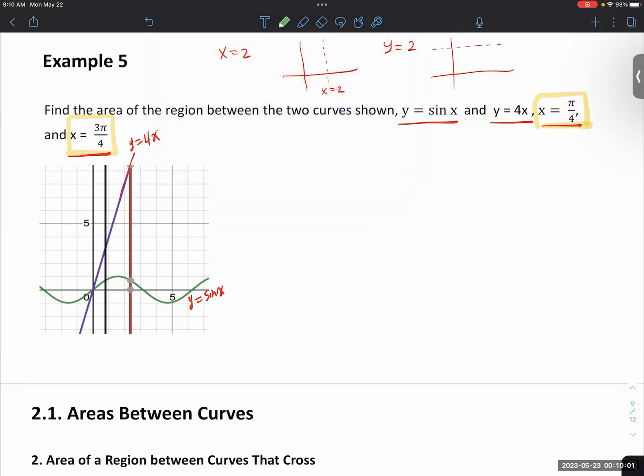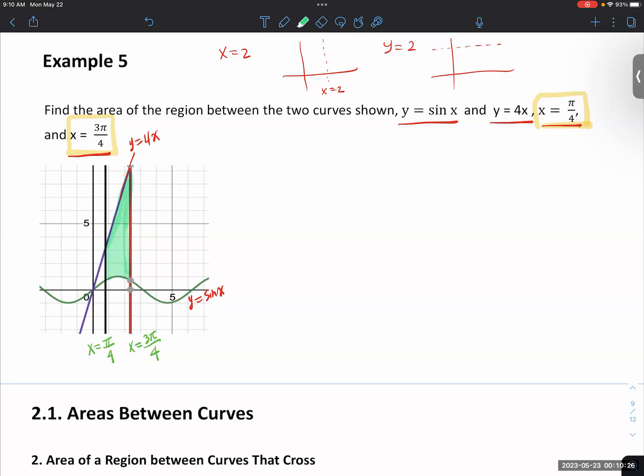One is x equal to pi over 4, another one is x equal to 3 pi over 4. So those are the 2 vertical lines. And if you highlight all the area surrounded by those 4, where is it? Right there. We are looking for this area.